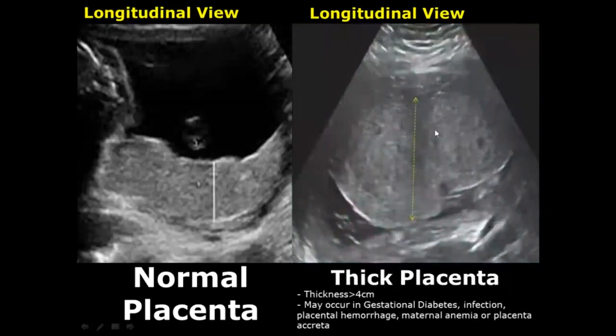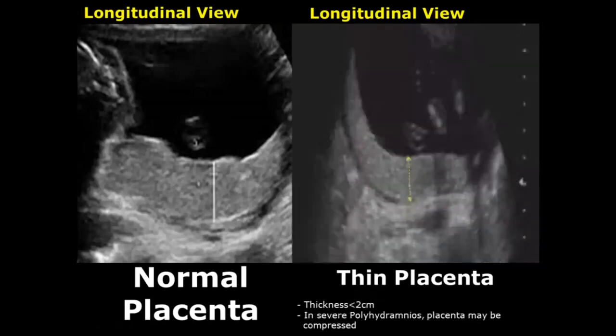A thick placenta will have a thickness of more than 4 centimeters, and it can occur in many conditions such as gestational diabetes, infections, placental hemorrhages, maternal anemia, or placenta accreta.